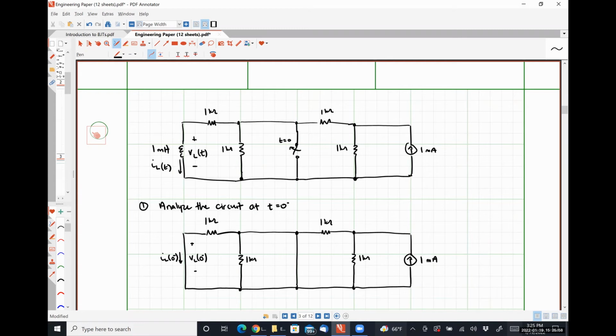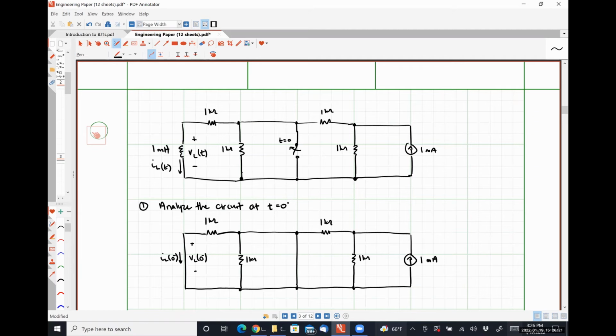Let me ask you guys, we're going to try to figure out what IL at 0 minus and VL at 0 minus are. Anybody care to venture a guess for either of those two quantities? 0. For which one? Both. Absolutely correct. Why is the inductor voltage 0? Right.